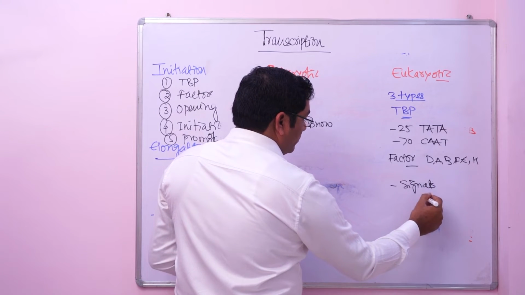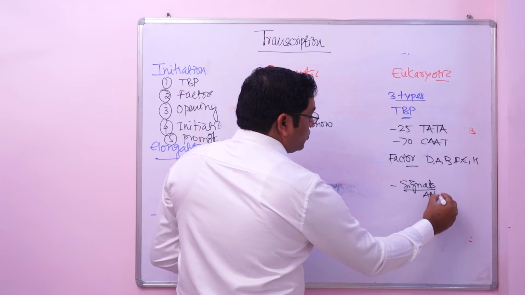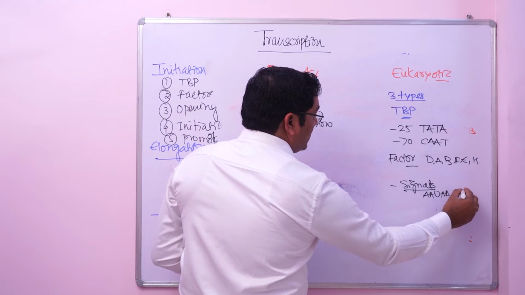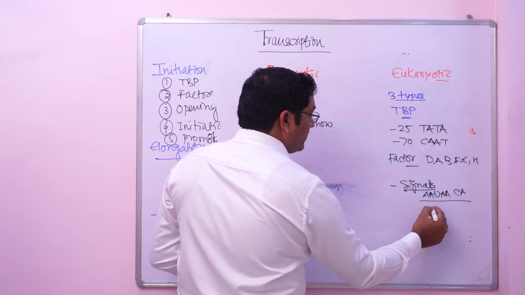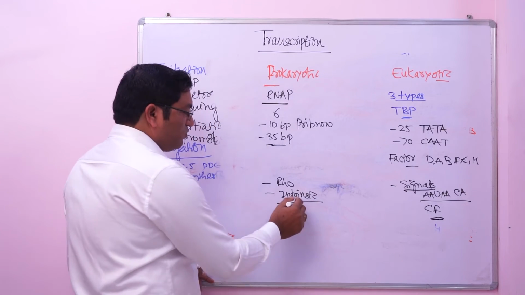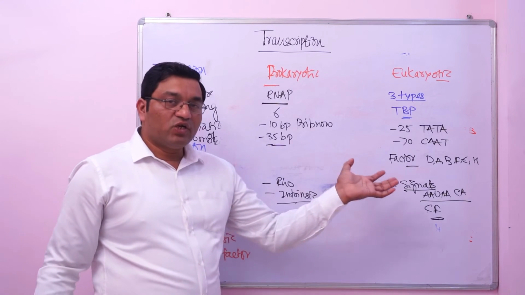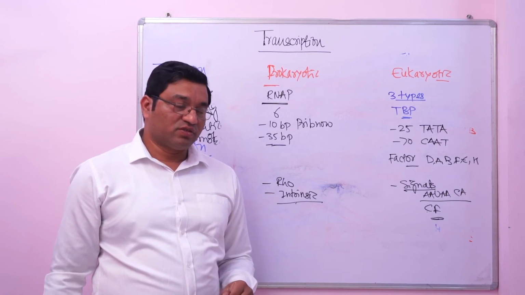These signals are AAUAAA and CA. These are the signals that will stimulate the cleavage factor. In prokaryotes there is rho and intrinsic termination, in which the loop formation occurs. So these are the different points in prokaryotic and eukaryotic transcription process.